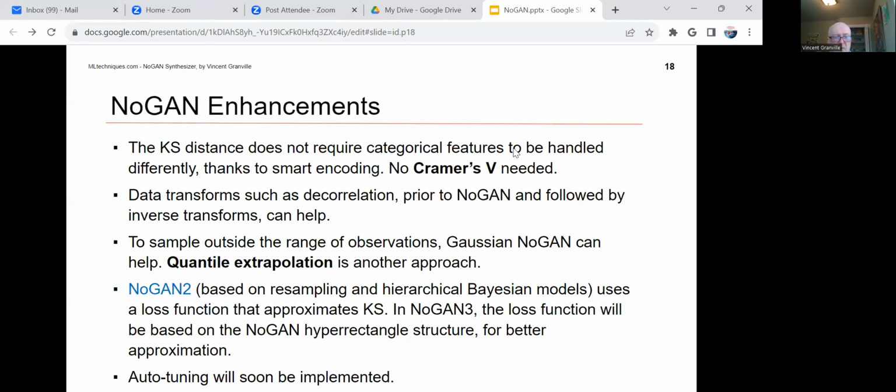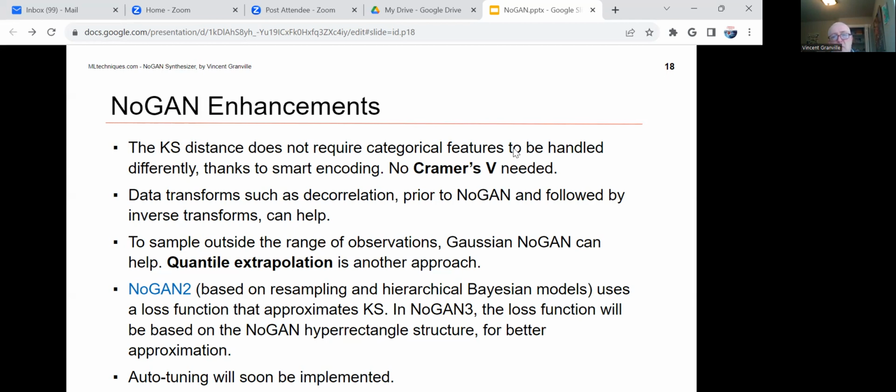So what kind of possible enhancement could I bring to this technology? Before talking about enhancement, one thing that does not need to be enhanced is that categorical features and numerical features are essentially treated the same way after the encoding.